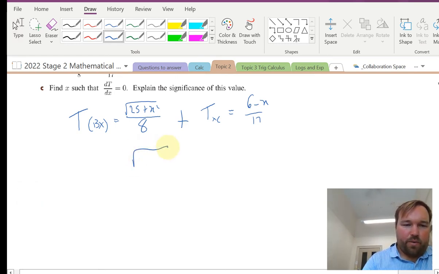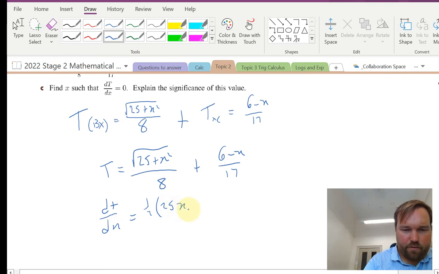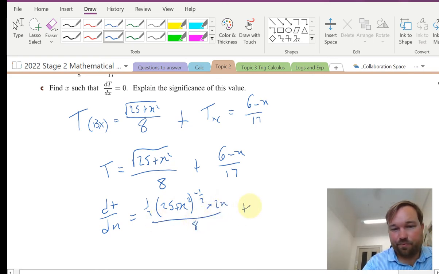If we have the square root of 25 plus x squared on 8, plus 6 take x on 17, and that is T, dT/dx is going to be a half times 25 plus x squared to the minus a half, times 2x, over 8, plus, well, minus 1 on 17.